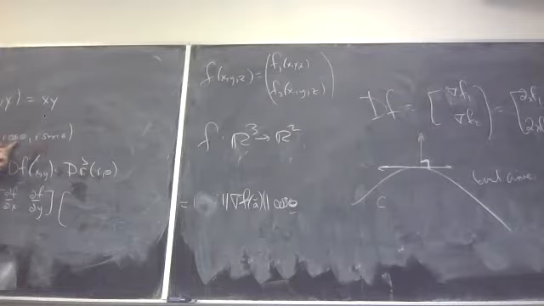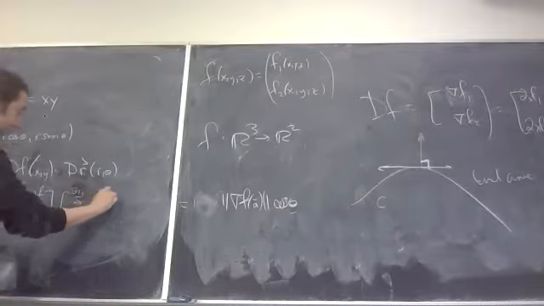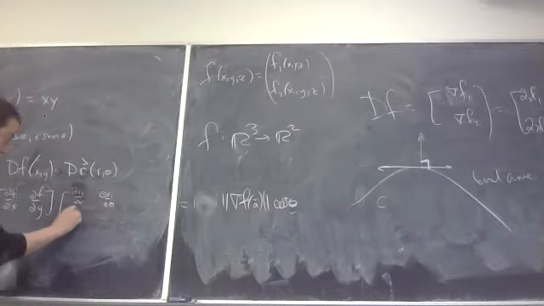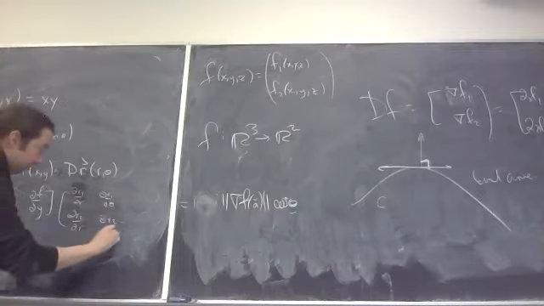It has an r1 and an r2. So what I need here is the partial derivative of this with respect to r and the partial derivative of this with respect to theta in the first row. So we can think about it as dr1 dr, dr1 d theta, dr2 dr, dr2 d theta.